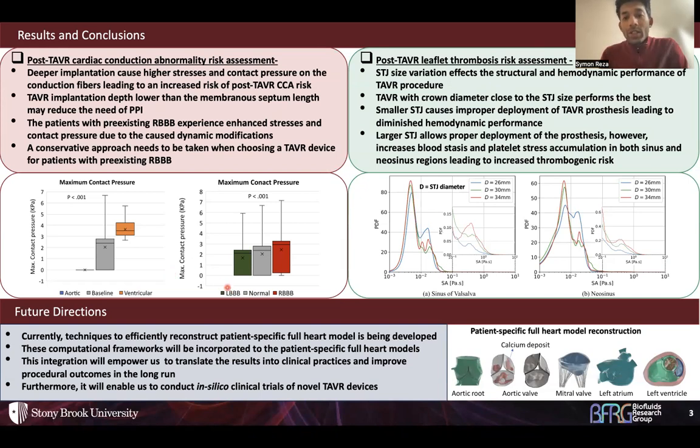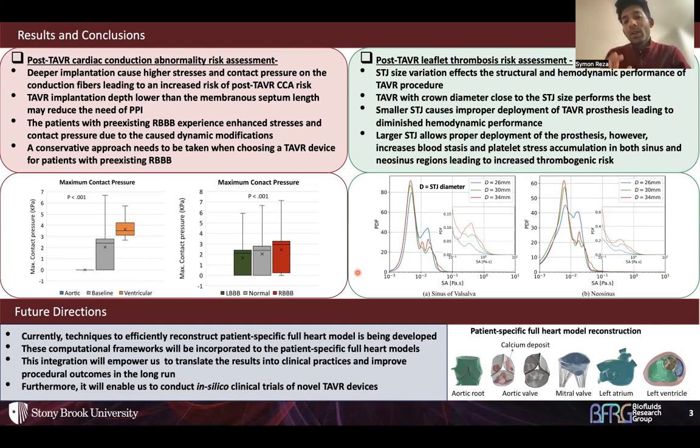In the second project, we have seen that when a patient has a smaller sinotubular junction size, the TAVR deployment is improper, and it also diminishes the hemodynamic performance of the TAVR devices. On the other hand, the larger STJ size allows a proper deployment and a good hemodynamic performance.